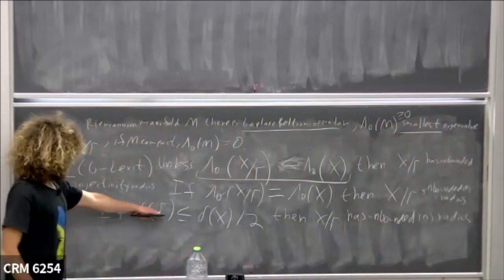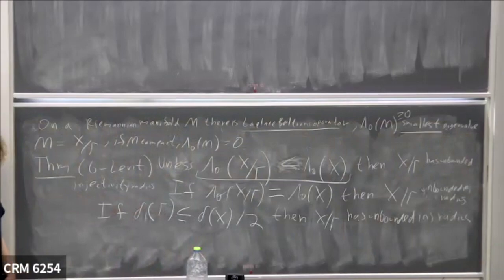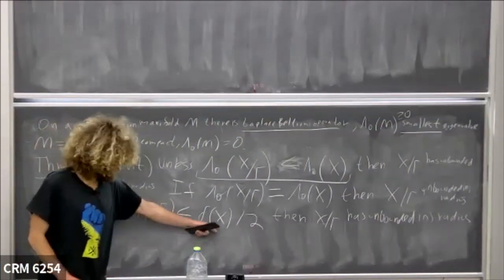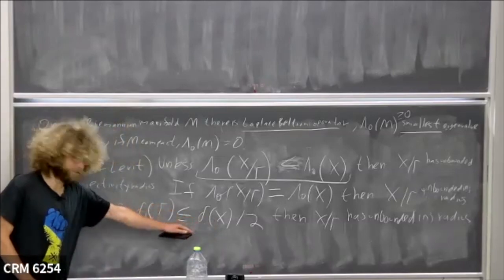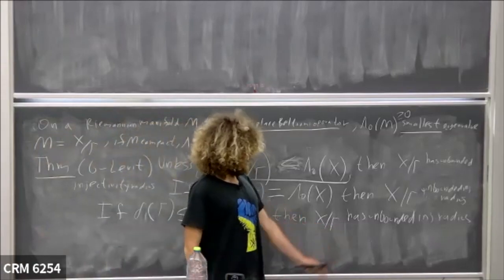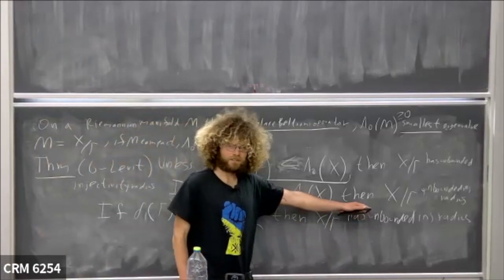The opposite situation is when gamma is a lattice: delta of gamma equals delta of X, which is not less than or equal to delta of X over 2, and then X mod gamma definitely has bounded injectivity radius.